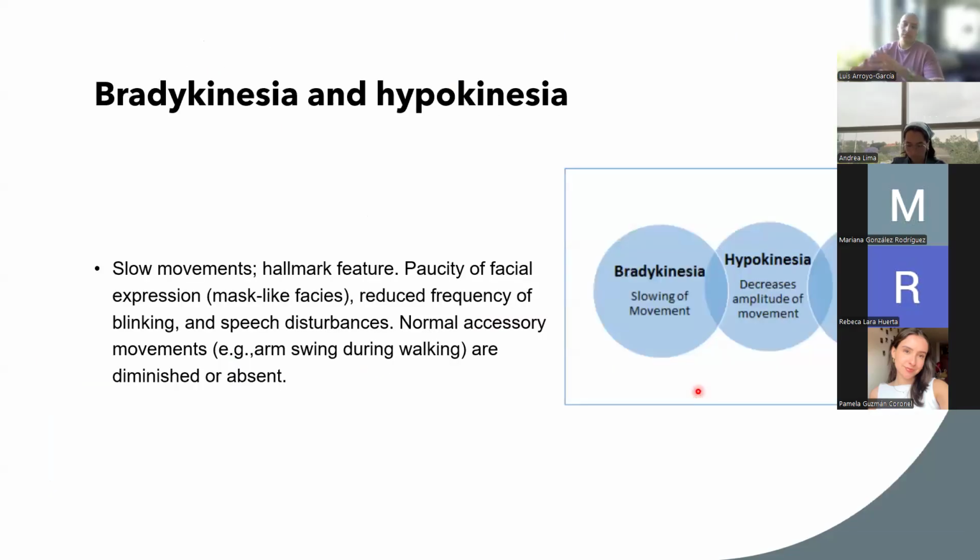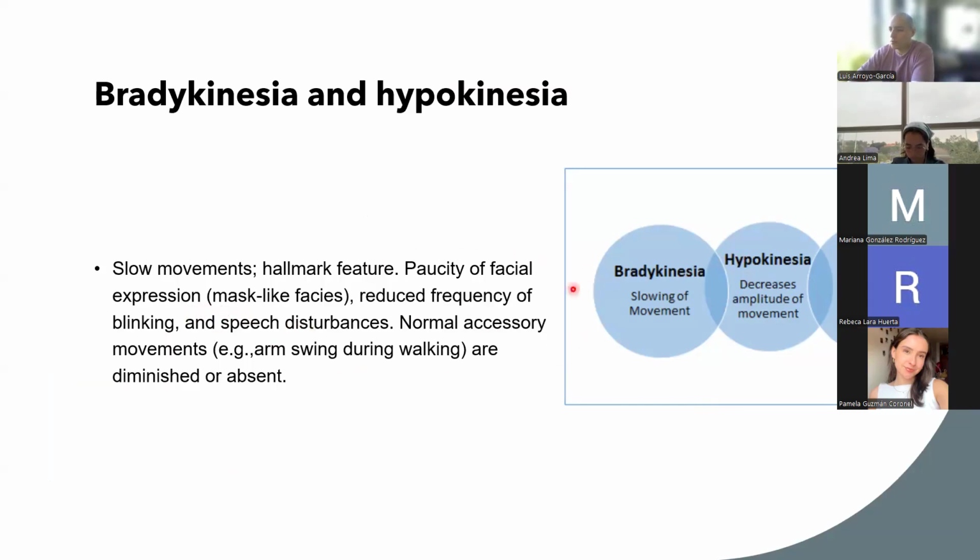There are a couple of things that I want to be sure that you know. One is bradykinesia and hypokinesia, which are slow movements. This is a hallmark in Parkinson's disease.